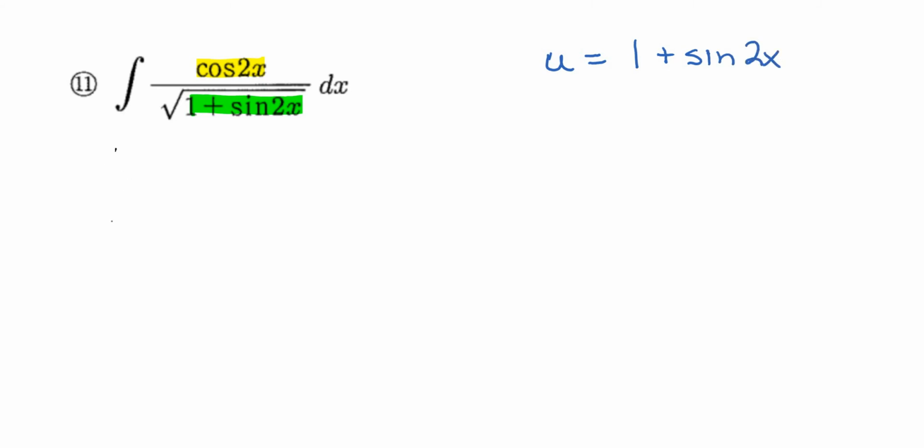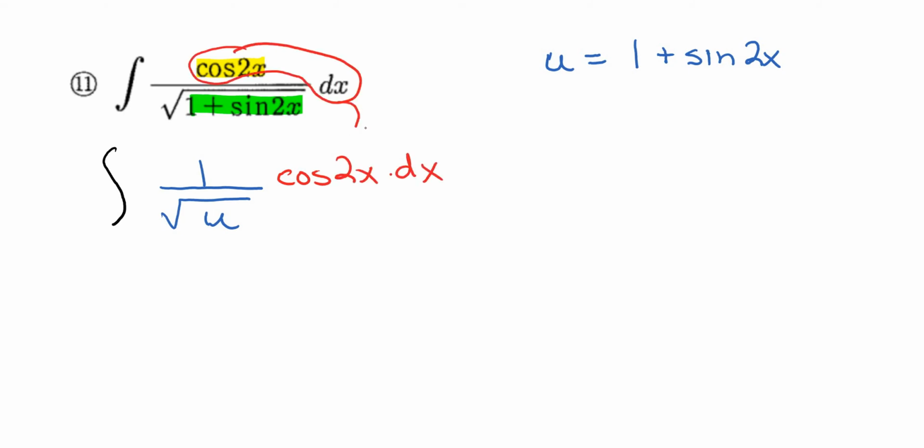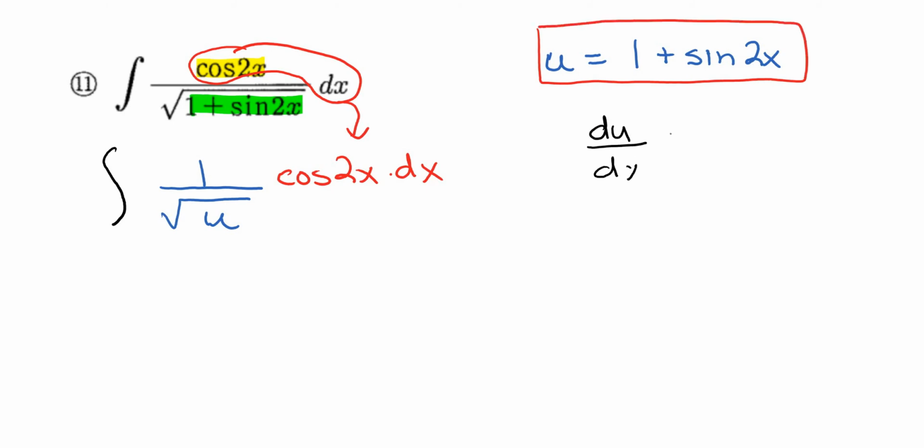And if I do that, let me just skip one step here. I'm going to rewrite this as 1 over the square root of u times cos 2x times dx. So I'm just taking this part right here and moving that over there as one term. Okay, and then let's go back to our u expression here and take its derivative now, du over dx.